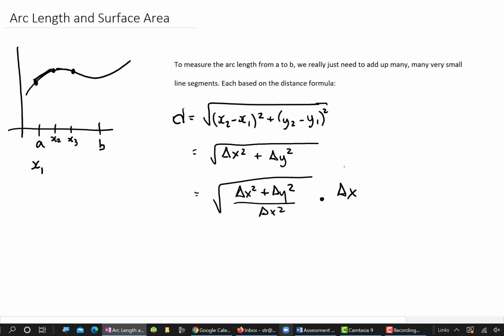These are the little lengths of each of these. This distance formula is equivalent to the length of each of these little subintervals. And then basically I just want to add them up.